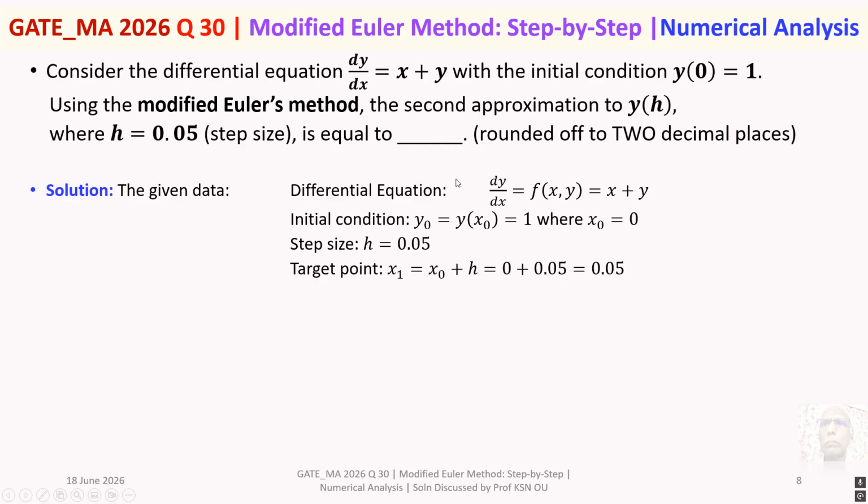Why? Because you want y at h, the target point is h, that is 0.05, that is x1. So we are required to find the second approximation to y of h, that is y of 0.05, that is y of x1. We continue in the next slide.